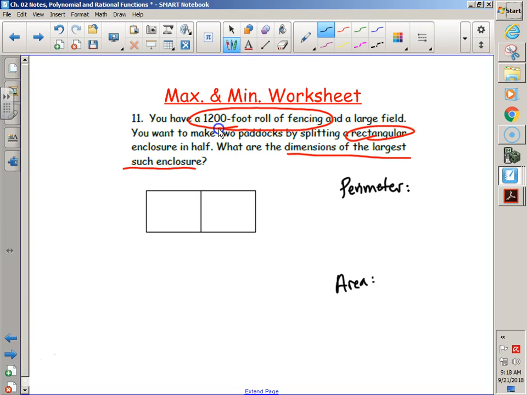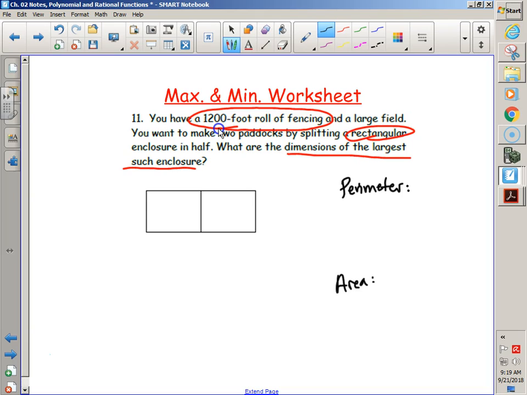Where did I get perimeter from that problem? Oh, come on. You don't forget that easily, do you? Enclosure, but not just enclosure. That's the inside part, right? Dimensions make me think of bases, heights, lengths, widths, area, perimeter, but why perimeter?